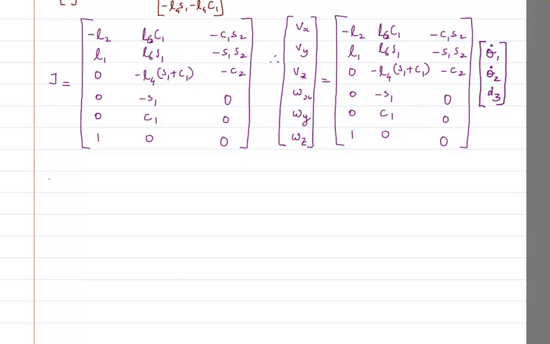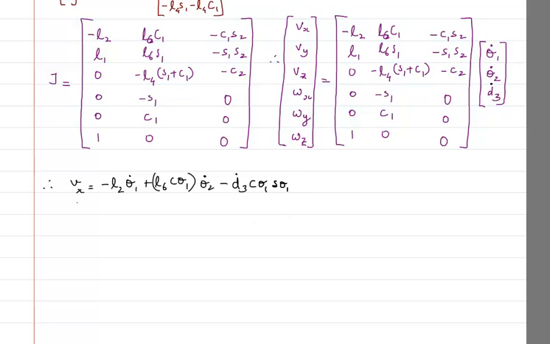Vx is going to be equal to minus L2 theta 1 dot plus L6 cos theta 1 multiplied with theta 2 dot, and minus d3 dot, cos theta 1 sin theta 2.